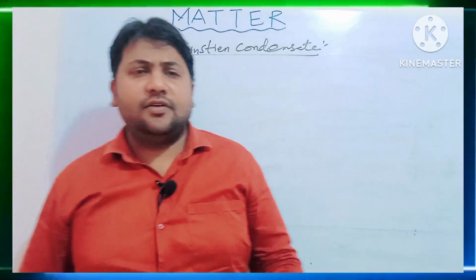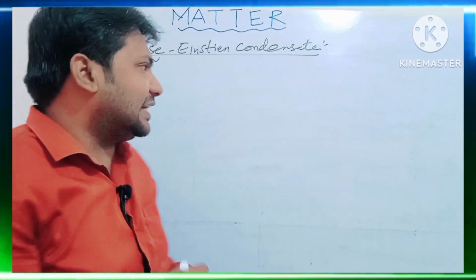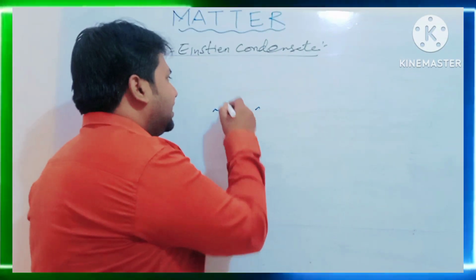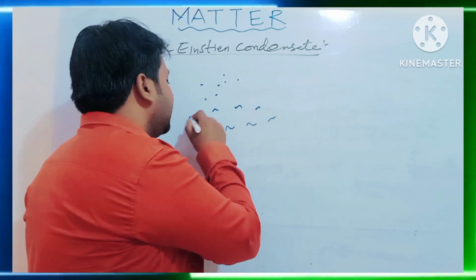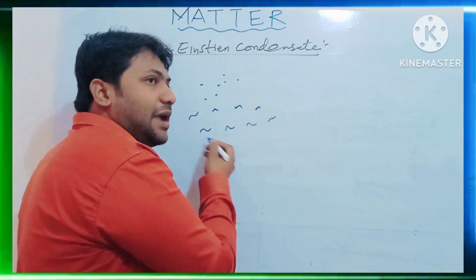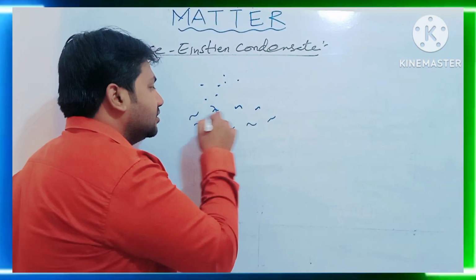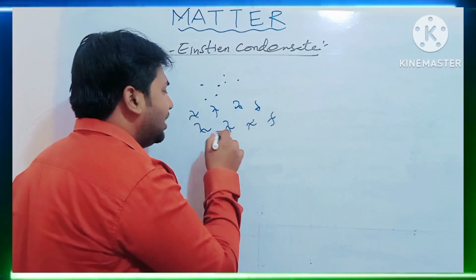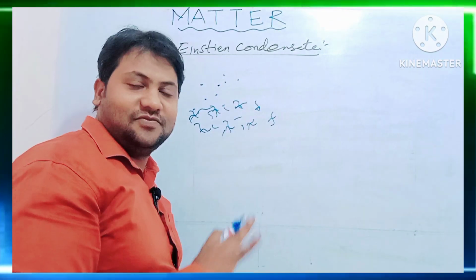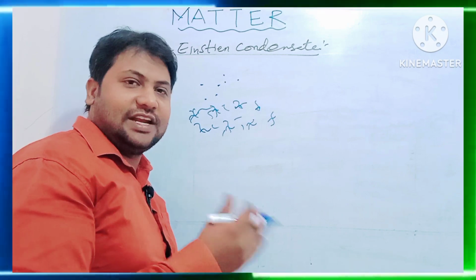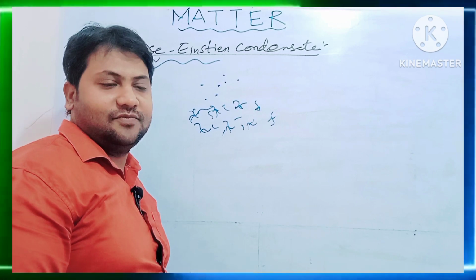When these molecules are cooled to very low temperatures, slowly they change to become like small curves or small waves, or you can say a small packet of energy. After some time, they get overlapped, and finally we see that they lose their identity, and later we form Bose-Einstein condensate. Right?